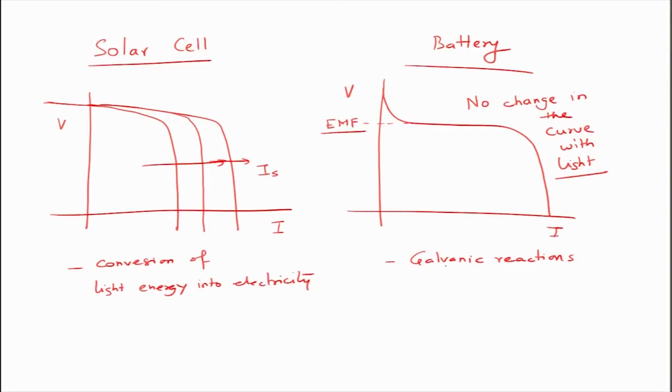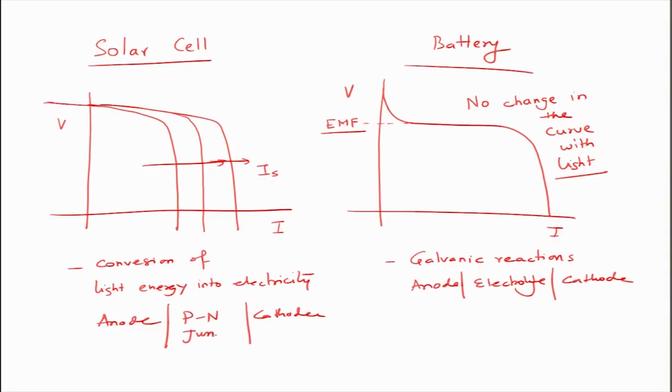A battery uses things like an electrolyte. Of course, you have an anode and a cathode, with the electrolyte between the anode and the cathode. In a solar cell, you have an anode and a cathode, but in between we have a PN junction. These are the differences between a battery and a solar cell.